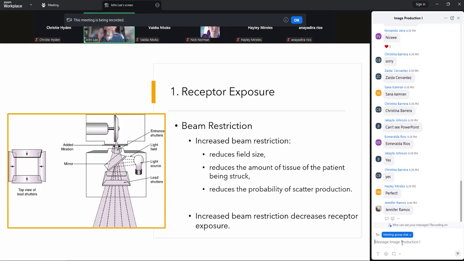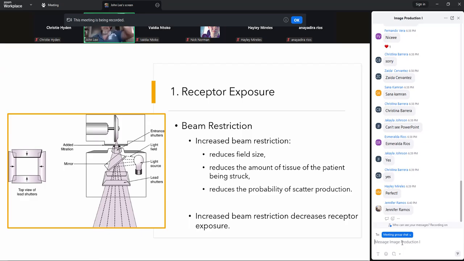perfect example. When you do a lateral lumbar spine, you use a specific technique. When you go to do the spot, it's not good practice, nor is it a good idea, to use the same technique that you used for the lateral L spine on the L5S1 spot, because we're collimating.